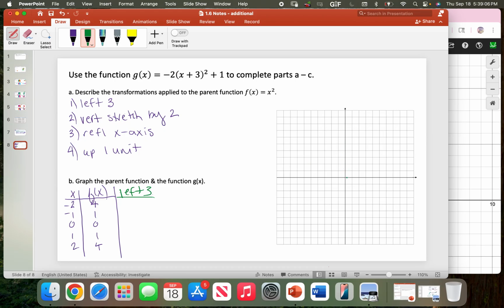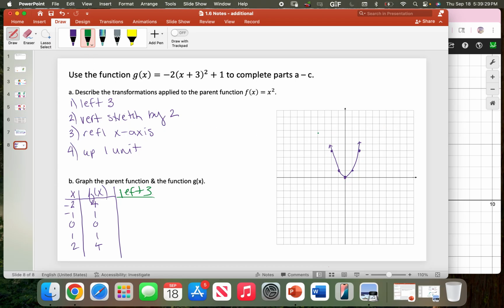So again, we're going to graph our parent function first. I'm going to try to match the colors here, just so it doesn't get too messy. Okay, so here's our parent function, f of x equals x squared.